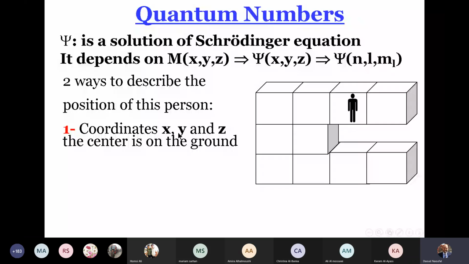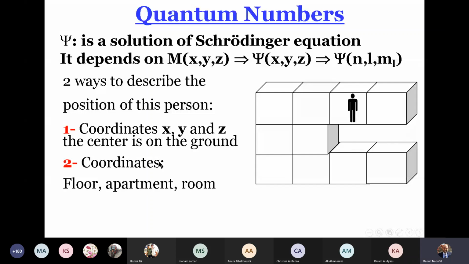So when I enter a building, I do not say I am going to person 1 located 10 meters in x, 3 meters in y, 5 meters in z. The presence of this person in the building could not be determined by x, y, and z.